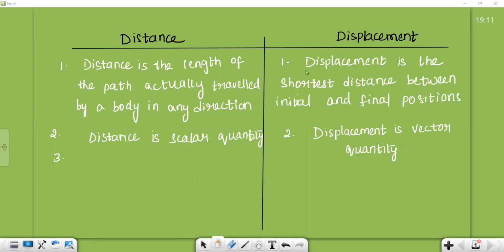Which has only magnitude, it is called scalar, like distance. Then what about vector? Vector quantity is one which depends on the direction as well as having magnitude. Scalar means only magnitude. Vector is magnitude and direction. Clear? Next time you should not miss this concept.